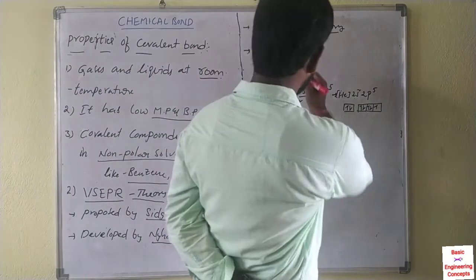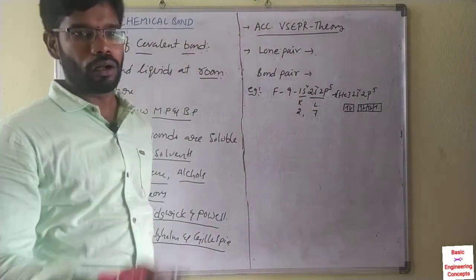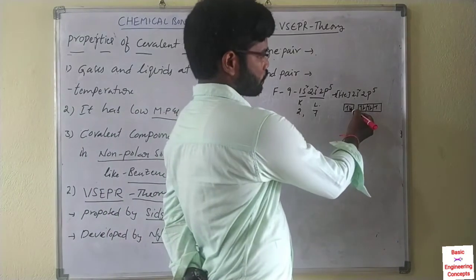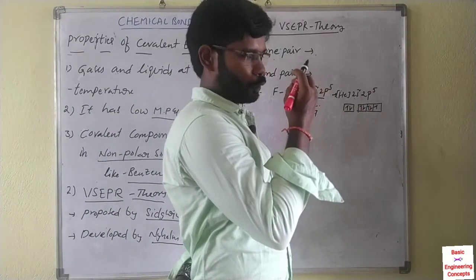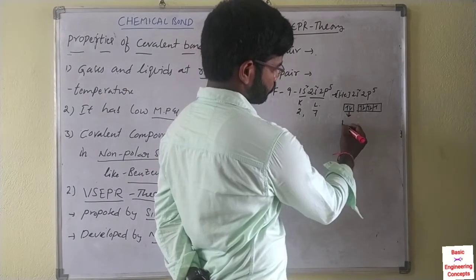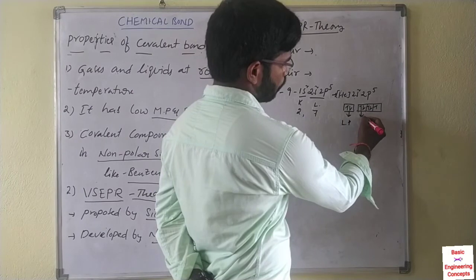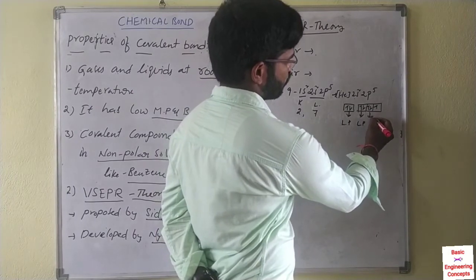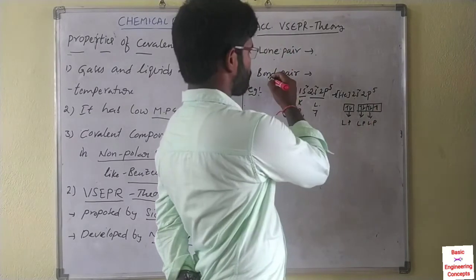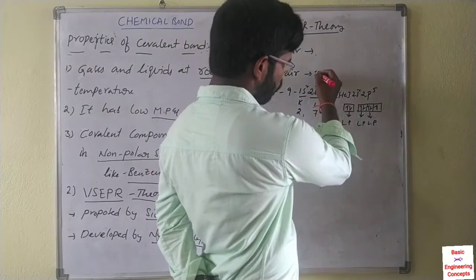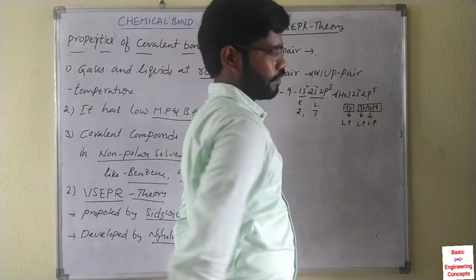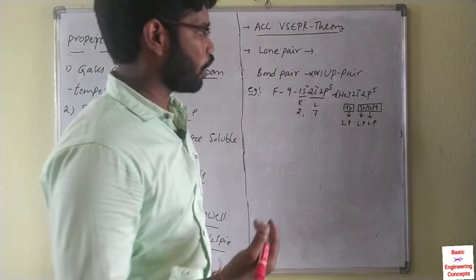So here, which one is a lone pair? Lone pair means in the outermost shell, an orbital having 2 electrons is a lone pair. This is also a lone pair. This is also a lone pair. A single electron means a bond pair or unpaired electron. Both are equal. Unpaired means it is not paired.